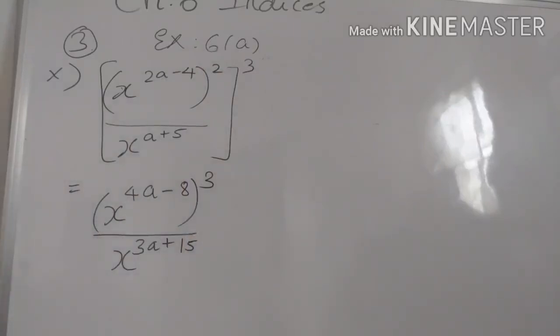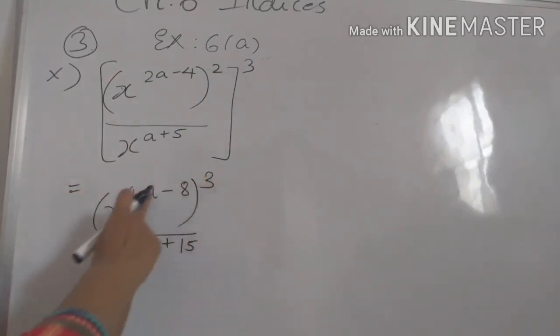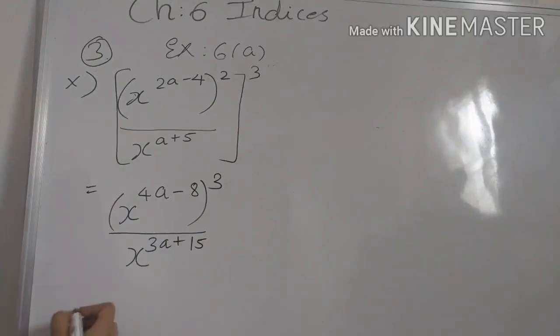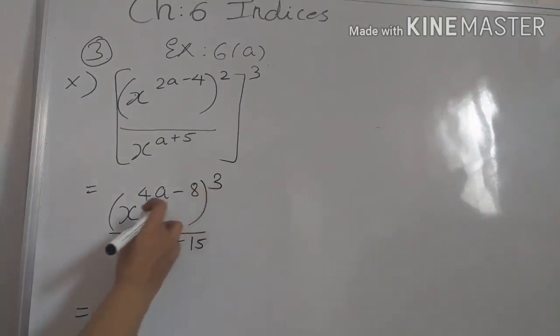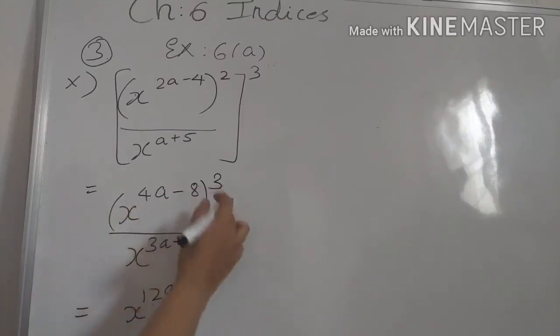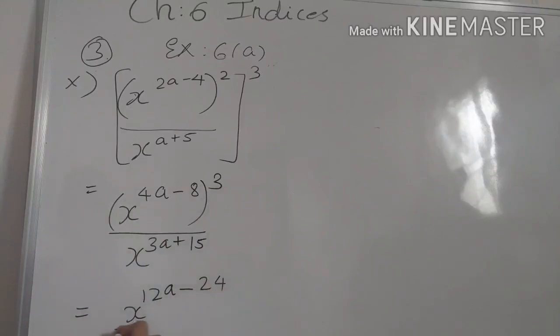Now we still need to multiply this with the power. So in the next step, I will multiply this 3 inside the bracket with the power. 4 3s are 12a minus 8 3s are 24. And in the division, x raised to 3a plus 15 as it is.